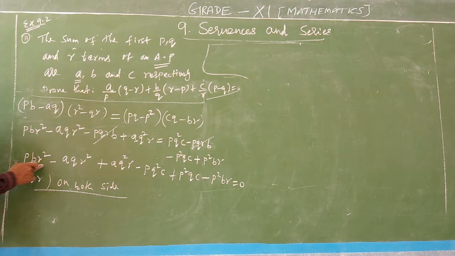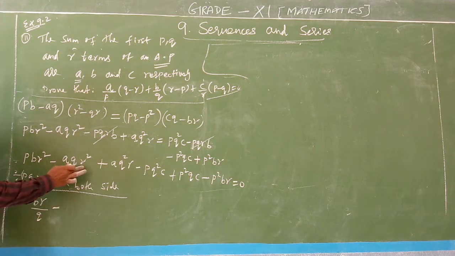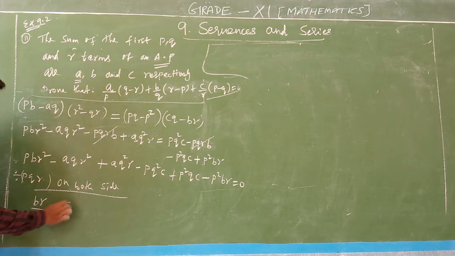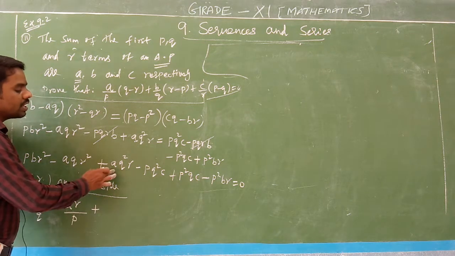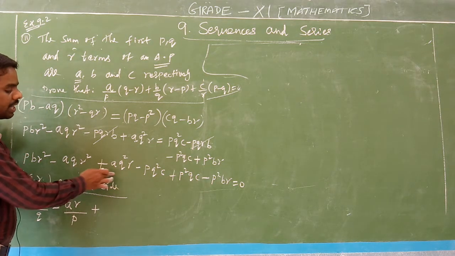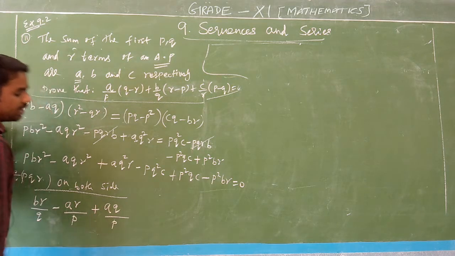pb r squared divided by pqr is br divided by q, since p is cancelled and one r is cancelled. Remaining br by q. Minus aq r squared divided by pqr, that is ar divided by p. Plus aq squared r divided by pqr, that is aq divided by p.